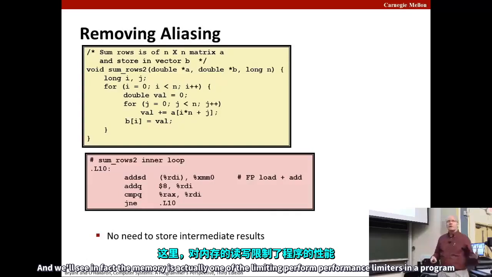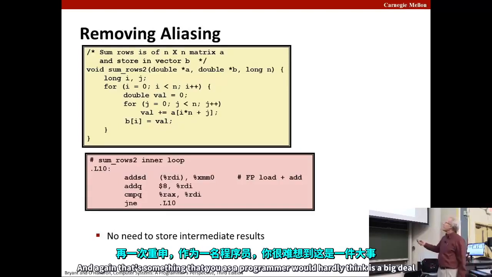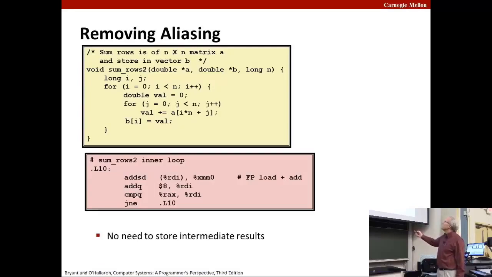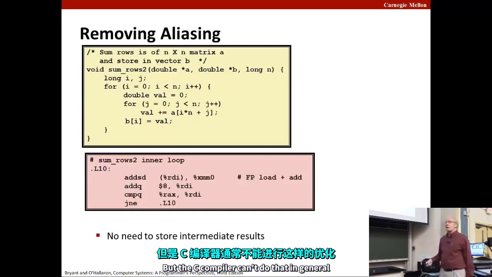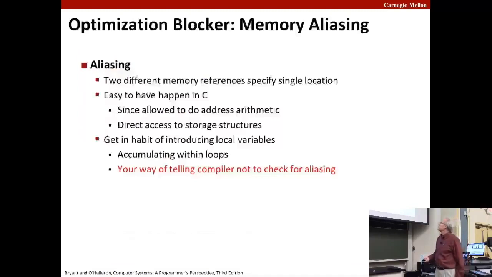And we'll see, in fact, the memory is actually one of the main performance limiters in a program. So this will be significantly faster. And again, that's something that you as a programmer would hardly think is a big deal. But the C compiler can't do that in general because it can't determine in advance what possible aliasing there can be.